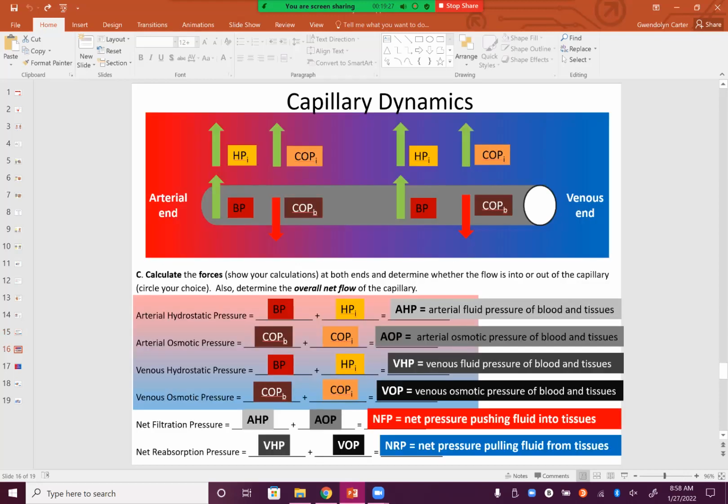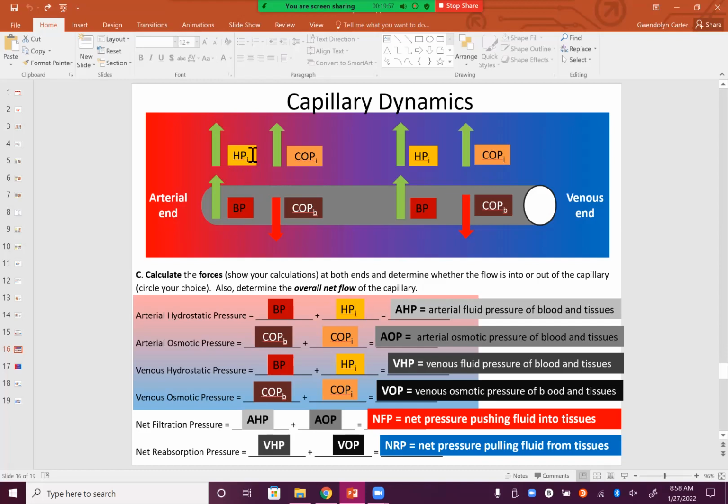Okay, so again, I have a full video that has all of your more detailed information as well as practice for the capillary dynamics portion. We'll also do a practice run in the classroom, but you'll do your arterial side numbers here. So hydrostatic pressures against each other, osmotic pressures against each other, and then same thing for the venous end, remembering if they're going in the same direction, you add them.